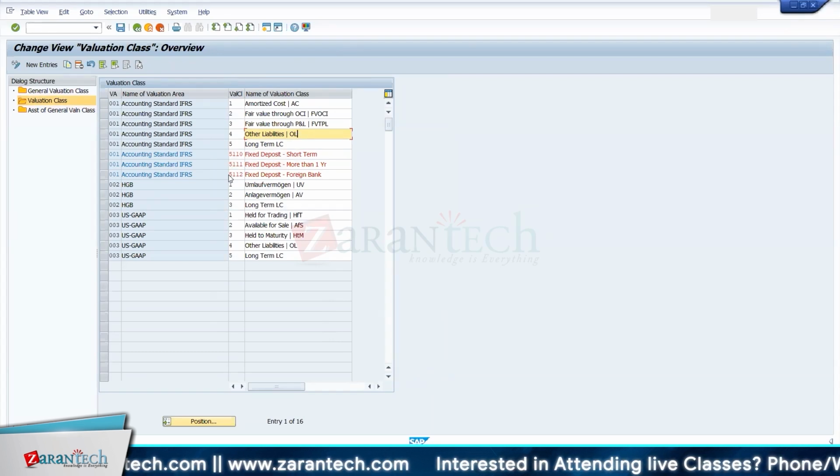So the valuation class helps to do the valuation as per my financial reporting. Here you will find the long term, short term, how you present all these treasury instruments in your financial statements. So that is the valuation class in terms of my treasury functions.